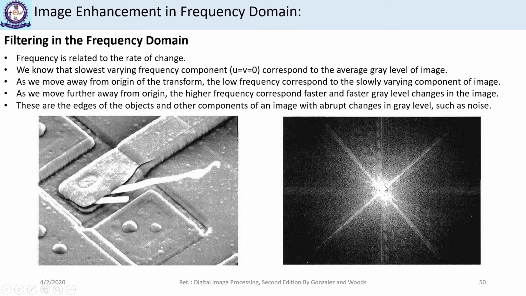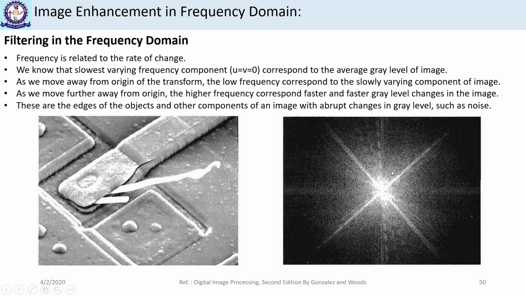This is the origin of the image, and this value represents the average gray level of the image. Near these frequency components, here we are varying u, here we are varying v.